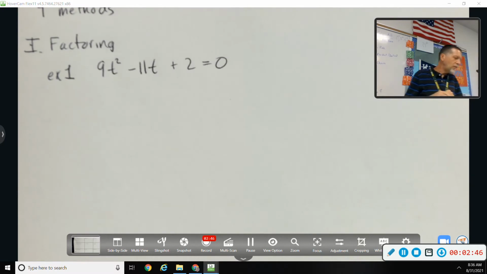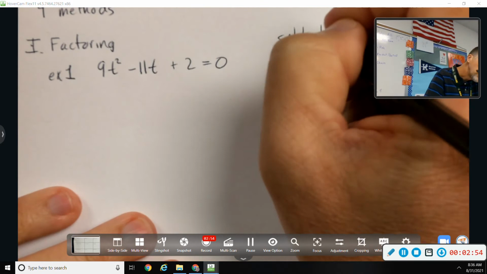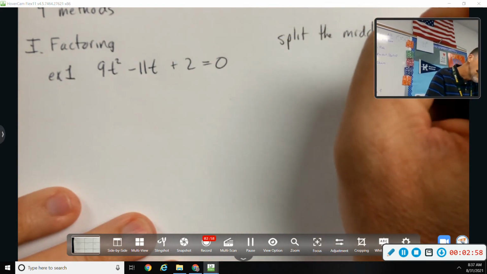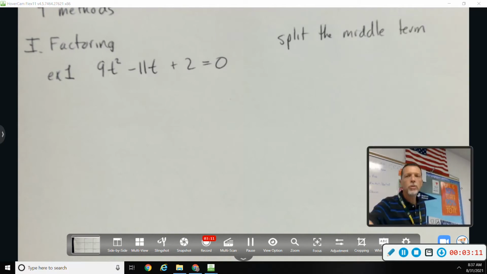Now, if you're a guess and checker and can set it up and play with the numbers until it works, go for it. But I'm still going to split the middle term, because it's a process that always works.